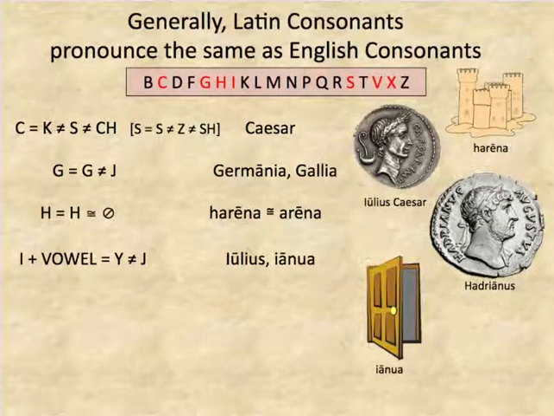So Julius and Janua. Now, if you say the two vowel sounds differently, I and U, you can kind of hear the Y sound. I-A, Ya, Janua, you can kind of hear that Y sound there as well. So the letter I before another vowel makes the Y sound. Julius, Janua.